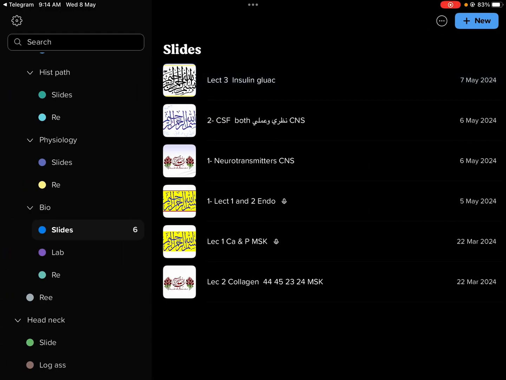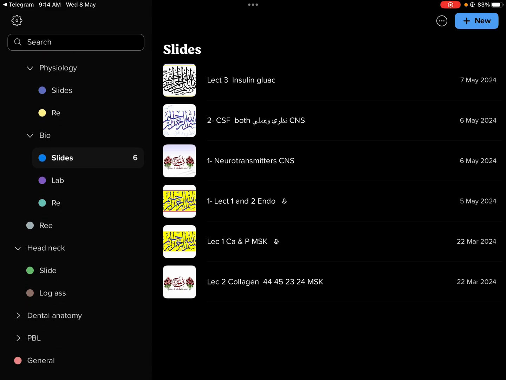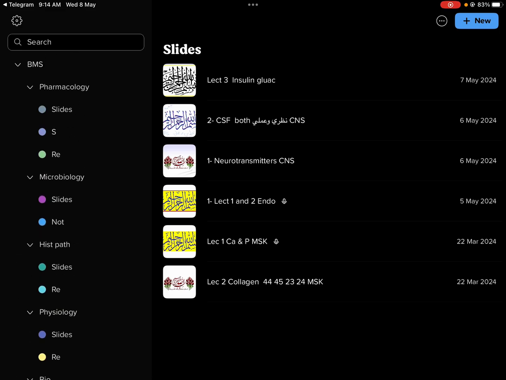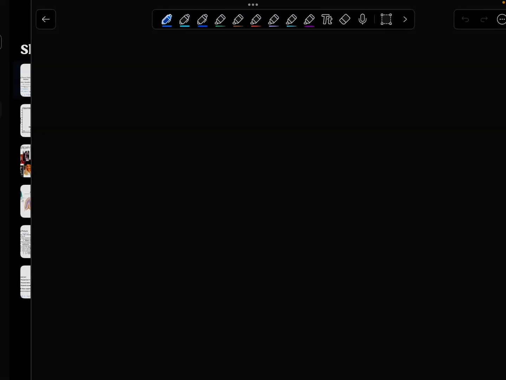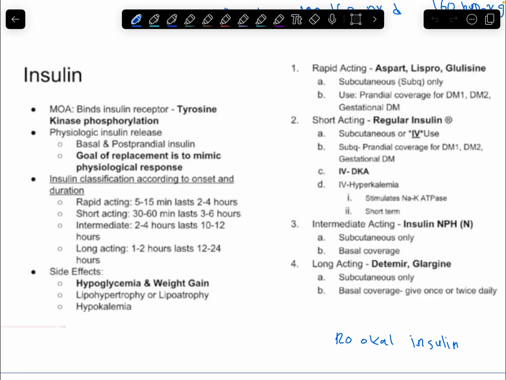So, we will use it for prandial coverage for type 1 and type 2, and the third one is gestational diabetes. What I told, that we classify diabetes into two major groups, type 1 and type 2. There is also gestational diabetes. This is diabetes during pregnancy.